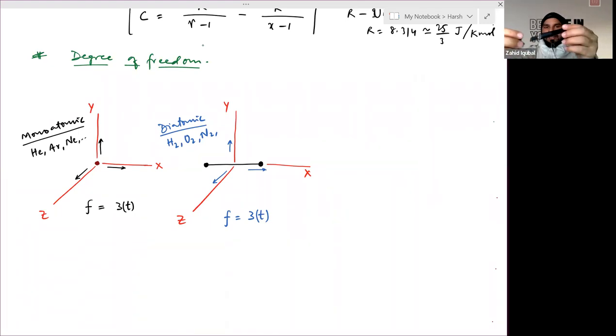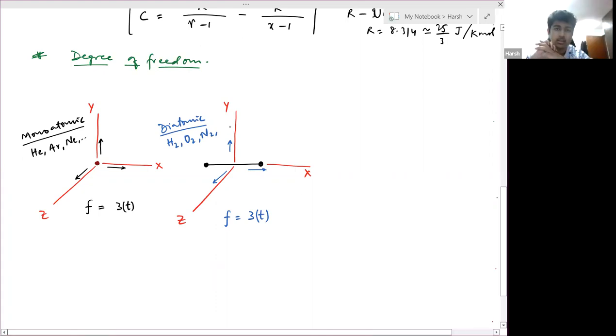But if you are seeing along the x-axis, it will act like this, so there will be no rotation possible in this direction. Is it clear? Yes, sir. So this particle will have rotational motion along this axis and this axis, but no rotation possible about the x-axis. So it will have only 2 rotational parts.